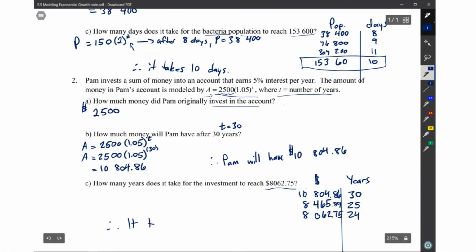Therefore, it takes 24 years. So what I was putting into my calculator here was A equals 2,500 times 1.05 to the power of t, and then I changed the number. For the last problem I put 30 in, and then when I was checking I put 25, and then to find the answer I put 24. So I found out that that equals $8,062.75. That's how I did it.